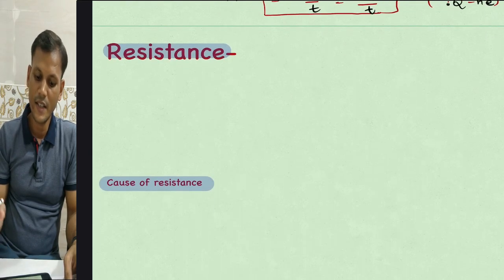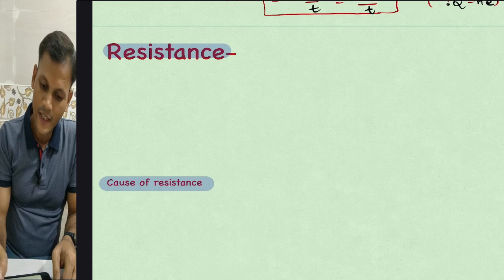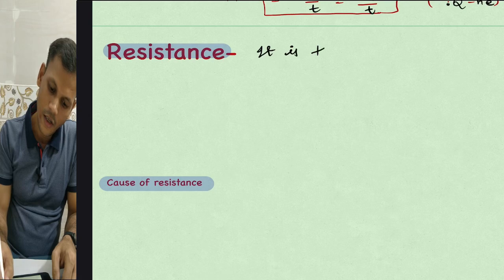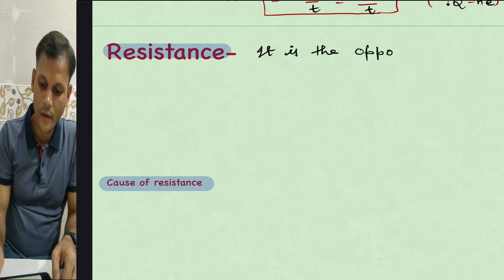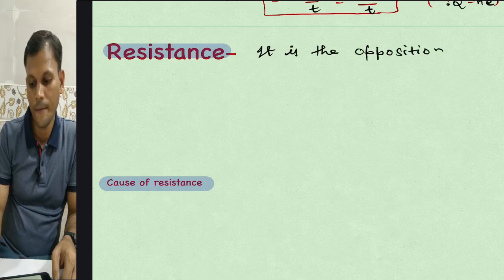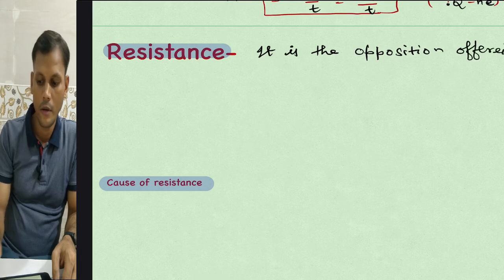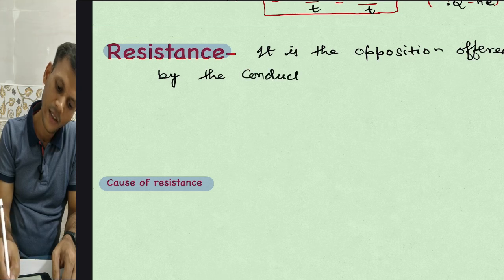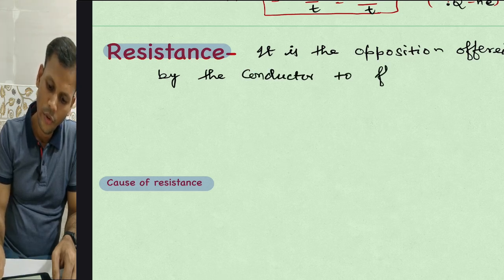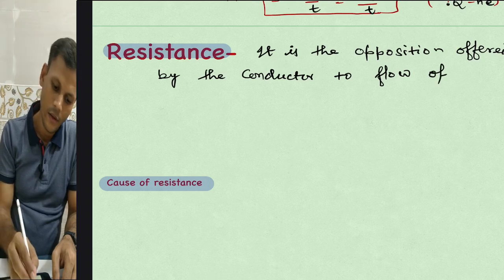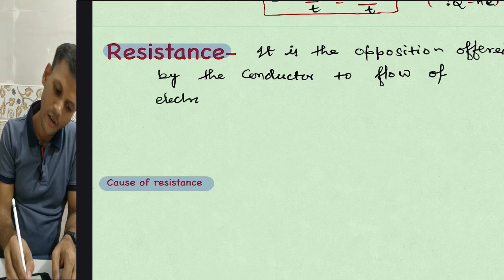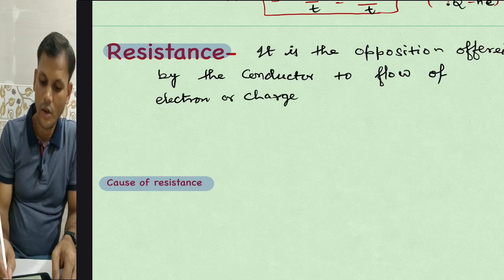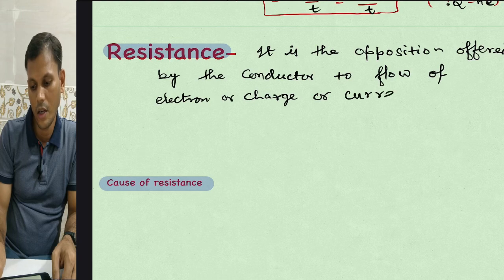So we can write simply, what is resistance? It is the opposition offered by the conductor to the flow of electron or charge or current.